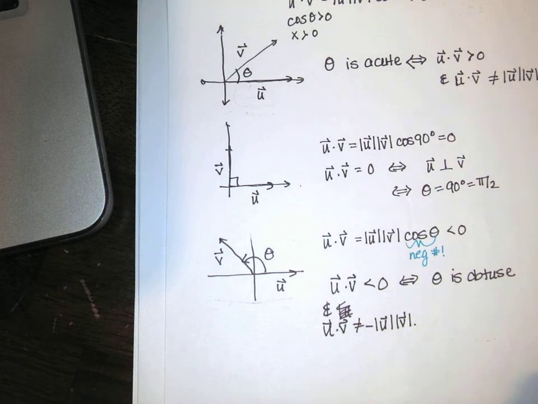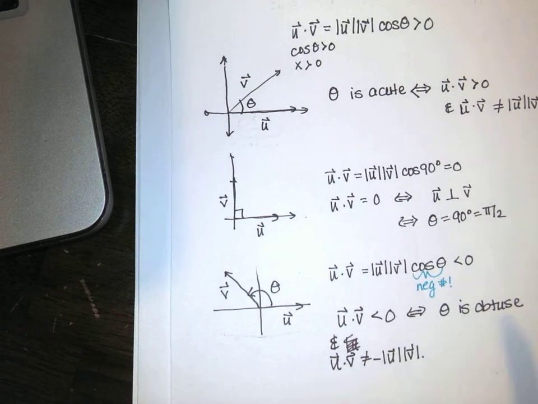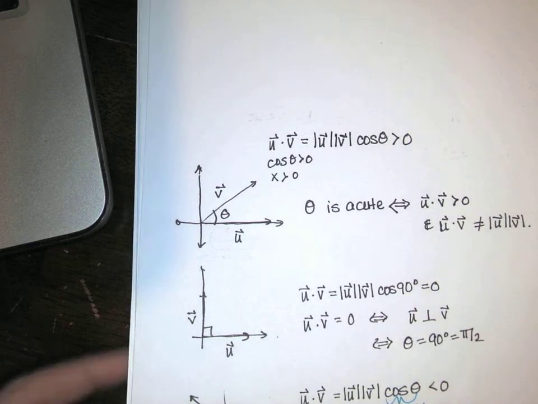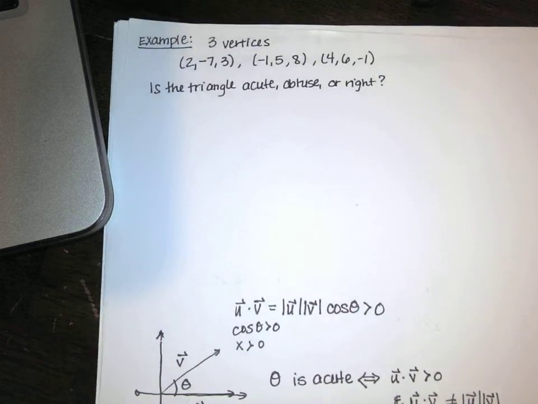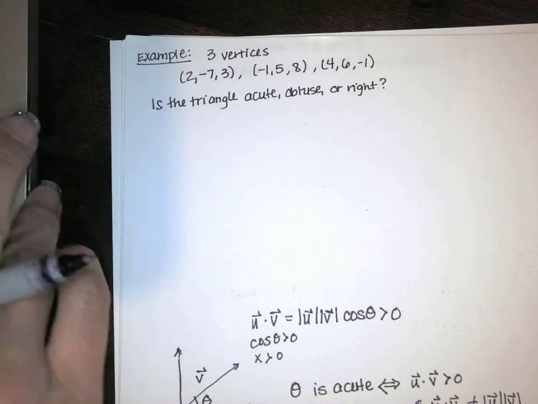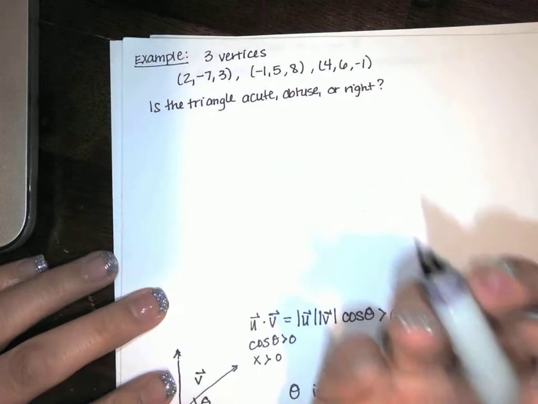Now with that in mind, you can use this idea to determine if a triangle with given vertices is an acute triangle, an obtuse triangle, or a right triangle. Now again, if I've got 3 points in three-dimensional space, I might not know what these look like.